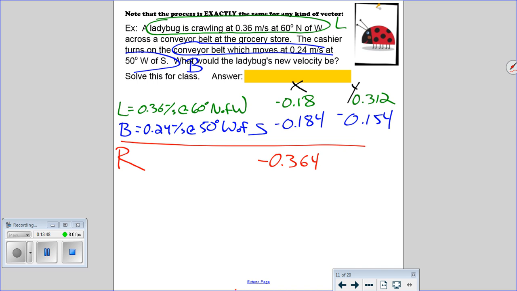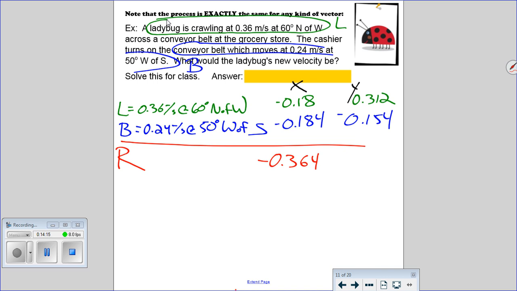Cool? So everything here is meters per second. That means every number on this chart is meters per second, except for the angles, obviously. Now, what is this telling me? Well, this is telling me that the ant is trying to walk north 0.312 meters every second. But as he's walking north, the belt is carrying him south at 0.154 meters a second.